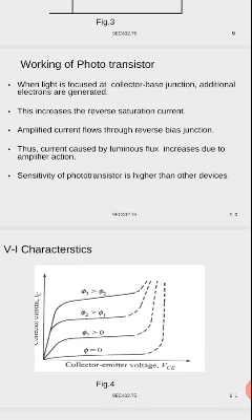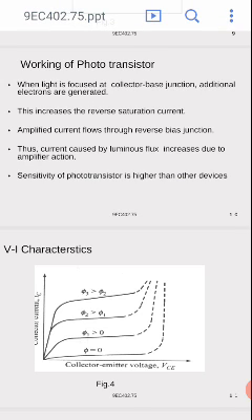And when we allow light to fall on the base collector junction, say flux 1, and we increase the VCE voltage, the current starts flowing, that is collector current starts flowing.